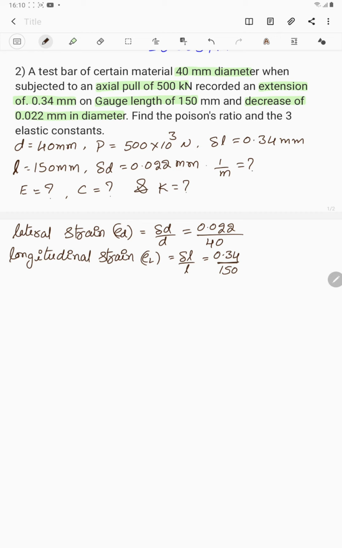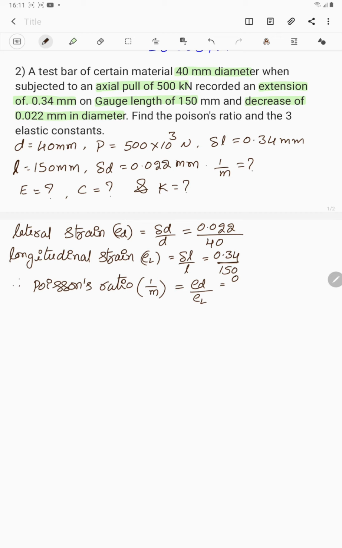Then Poisson's ratio. Therefore, Poisson's ratio 1 by m equal to lateral strain by linear strain.